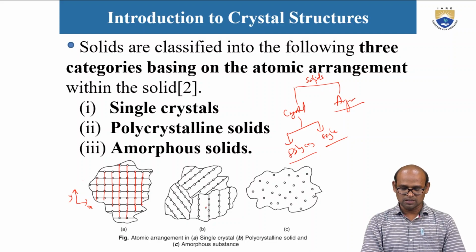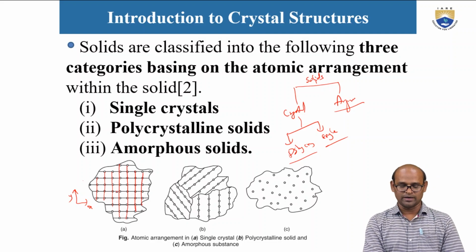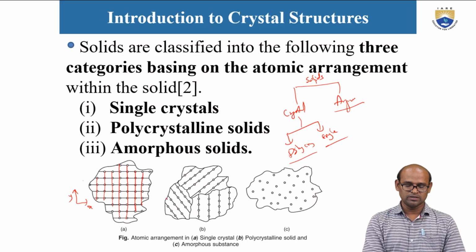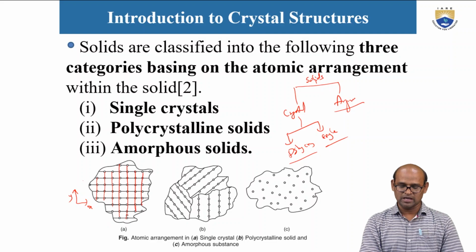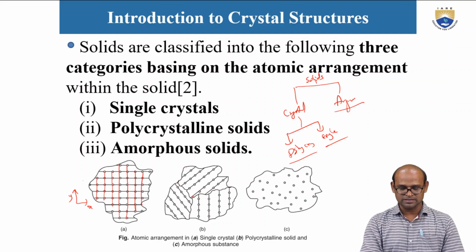Now this is a polycrystalline material. In a single crystal you have a global, long range order; we will discuss long range and short range later. Whereas in polycrystals you have a local order. A single crystal is only one crystal. Polycrystal means there are small crystallites.